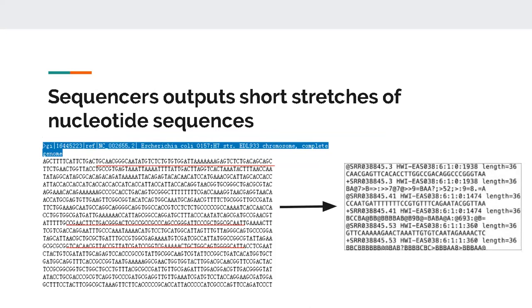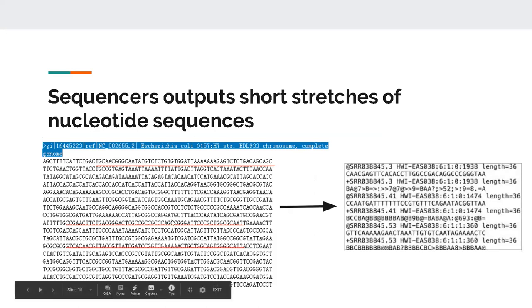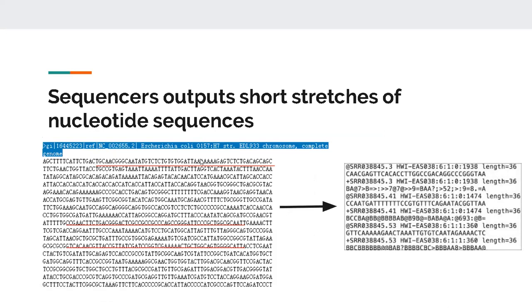And what sequencers do is they will chop off this DNA. If you give this as an input to the sequencer, it would chop off this DNA in fragments of varying lengths, and then give those reads or fragments in the form of a file, which you finally analyze.